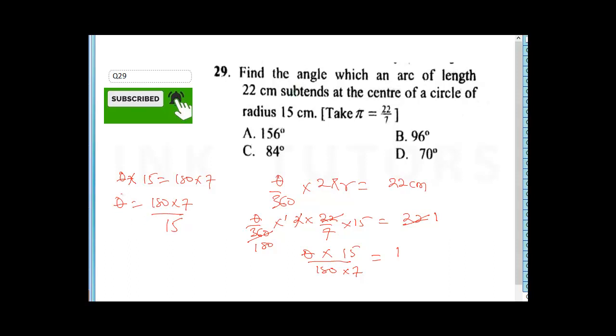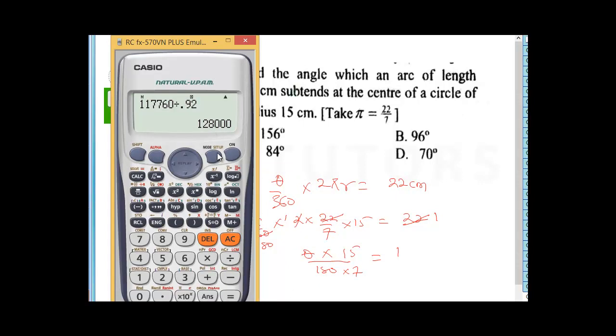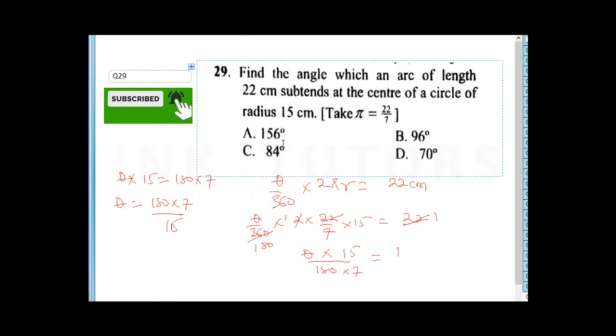So when you punch this, you're going to get your final answer. So 180 times 7 divided by 15 should give us our final answer. So the final answer is 84 degrees. So the correct answer here is C.